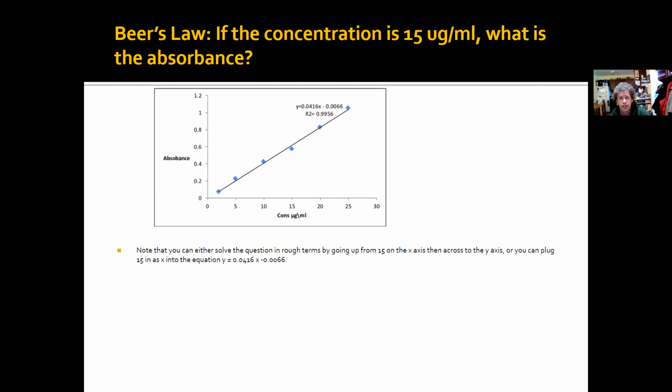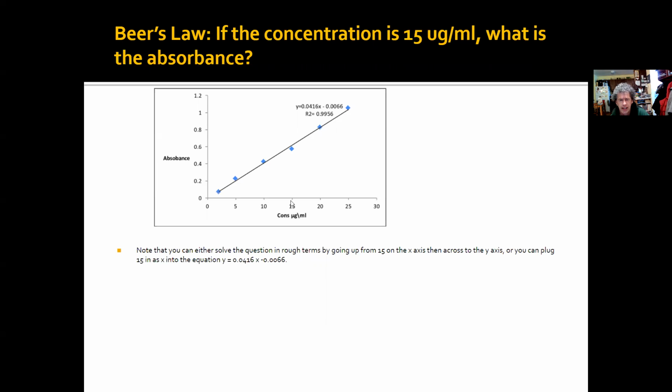So if you had the question of if the concentration is 15 micrograms per milliliter, what is the absorbance? And here we're going the other way from x to y. And you could do it just visually. You could look here, go 15 up to there, and it would be across a little bit above 0.6 there.